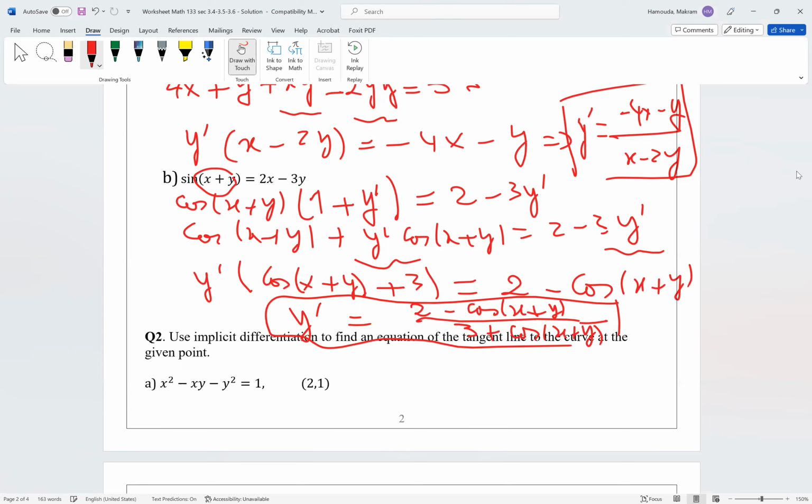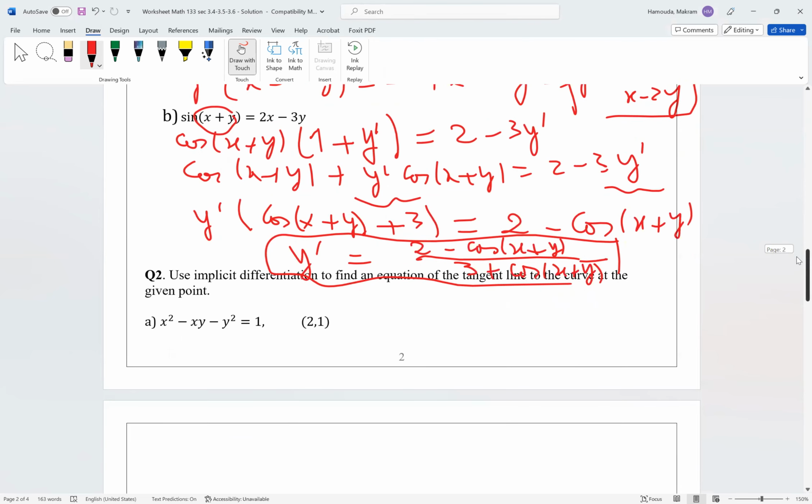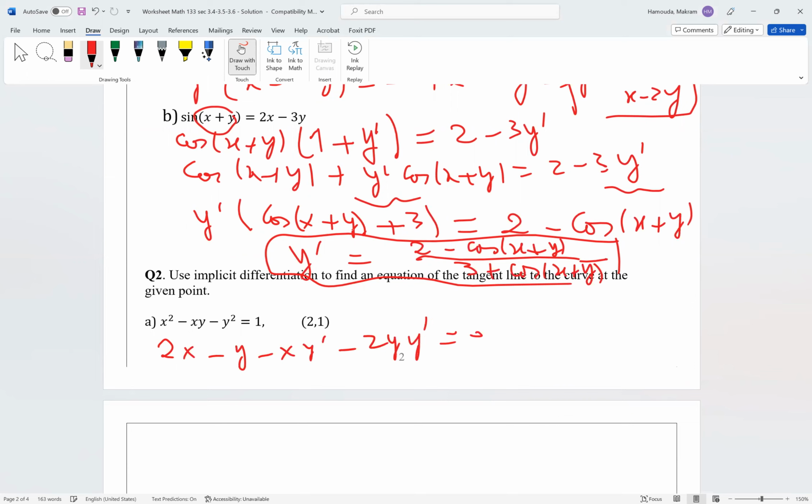Okay, now we move to question 2, to find by implicit differentiation the equation of the tangent line at the given point. So first we compute y prime using implicit differentiation. So here, 2x minus y minus x y prime minus 2y y prime equal to 0.